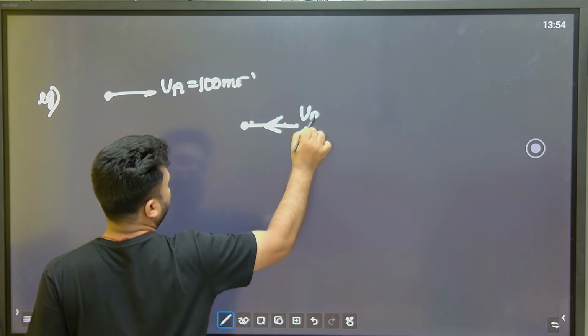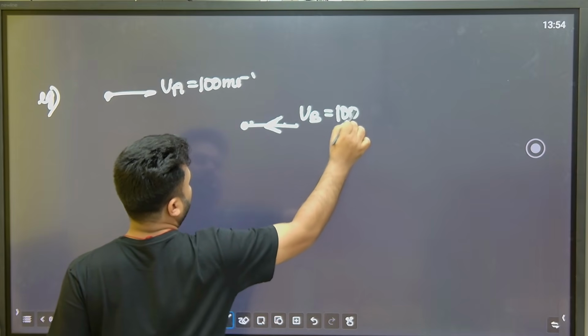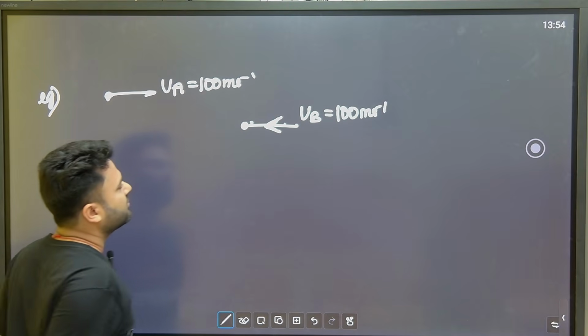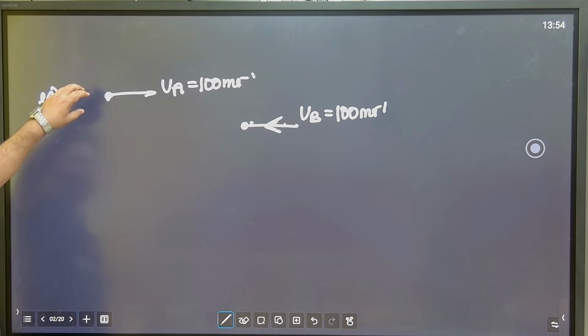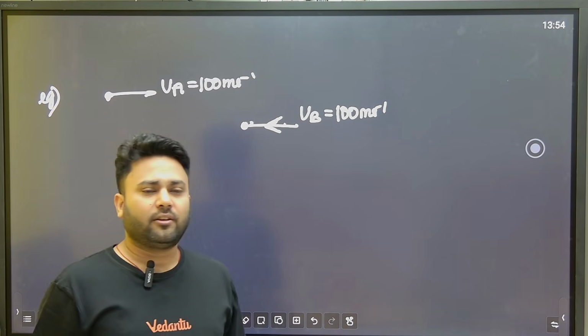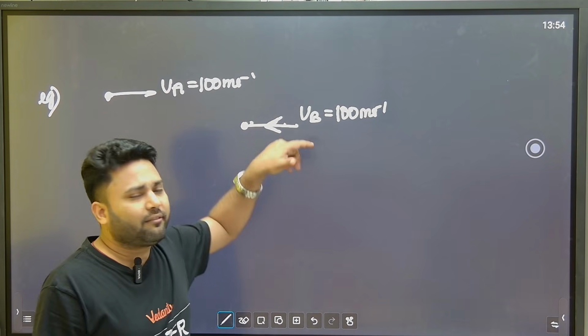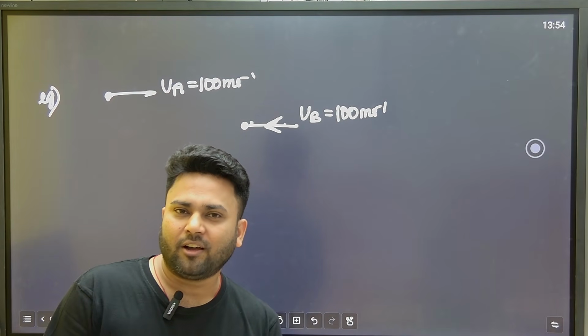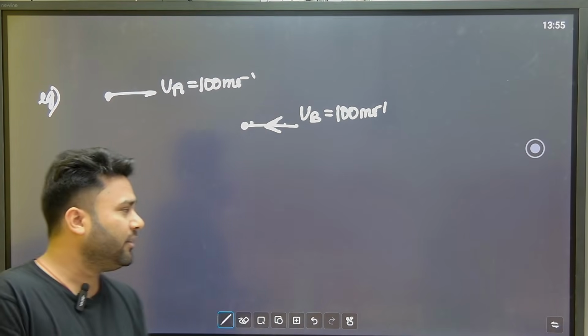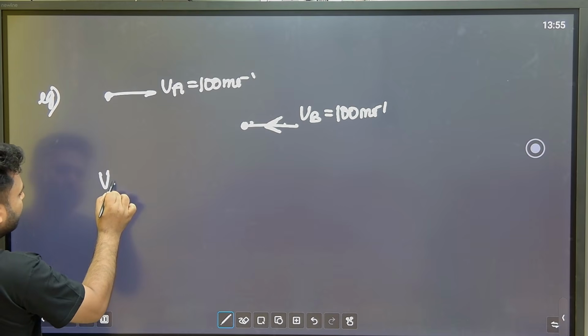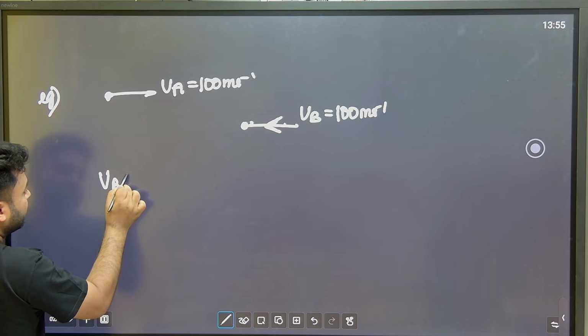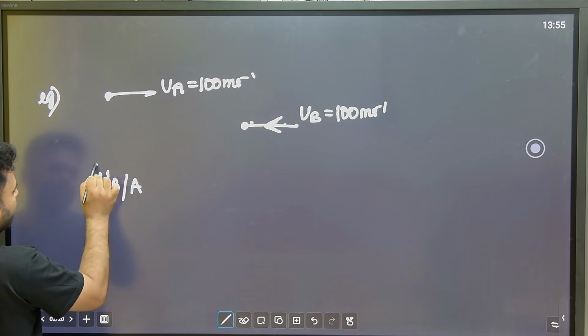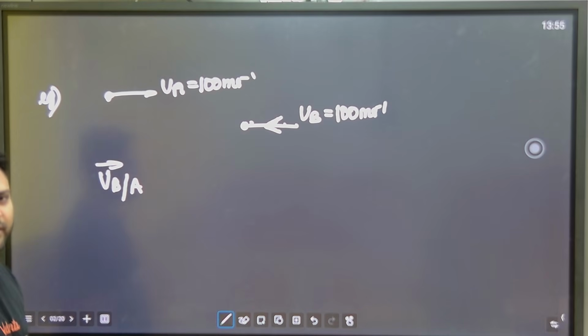The speed of train B is also 100 meter per second. Now when they cross each other, what will A feel about the velocity of B? I want to know velocity of B with respect to A.